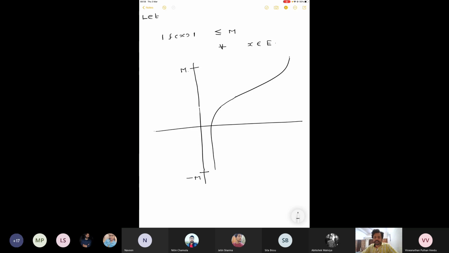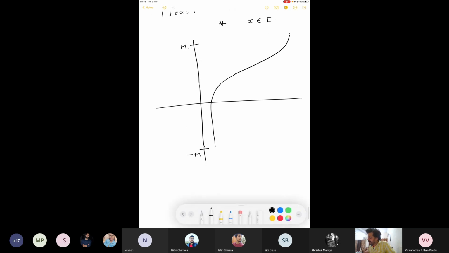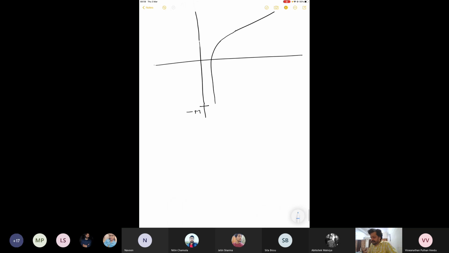What I am going to do is subdivide the y-axis. Looking at the range from minus M to M, I am going to subdivide it with an equal partition. Step size is equal. Choose a mesh, I mean partition size M by n.